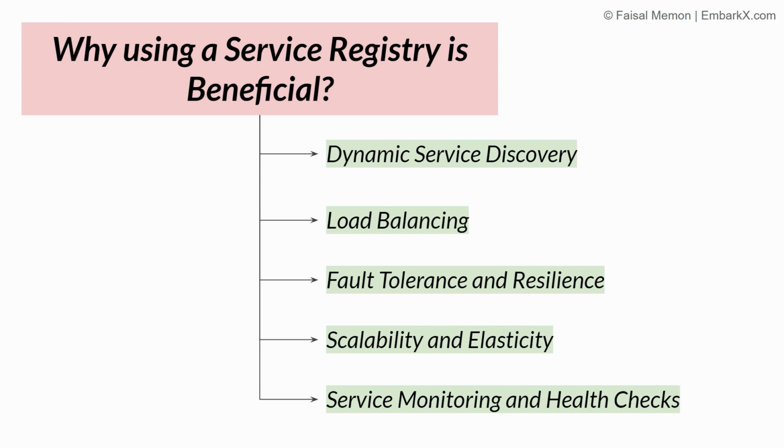But now the thing is, how are we going to implement a service registry? There are several service registry solutions out there, but the most popular one that we'll be using with Spring Boot is Spring Cloud Eureka.